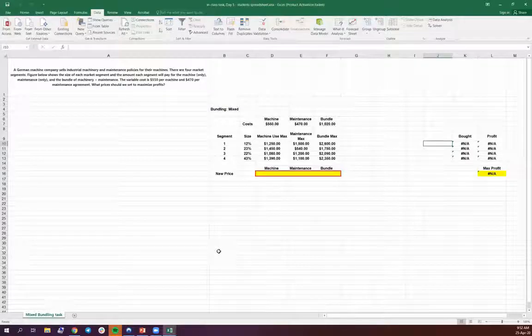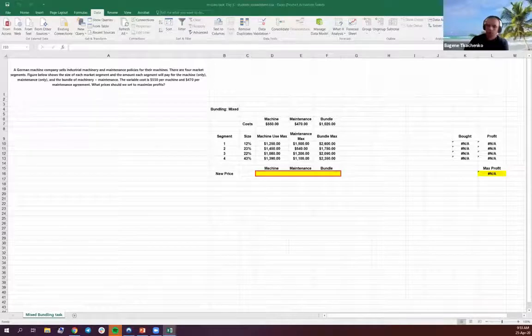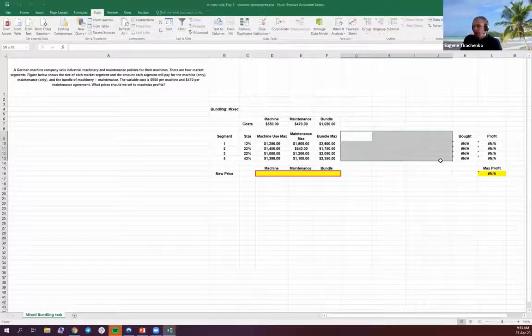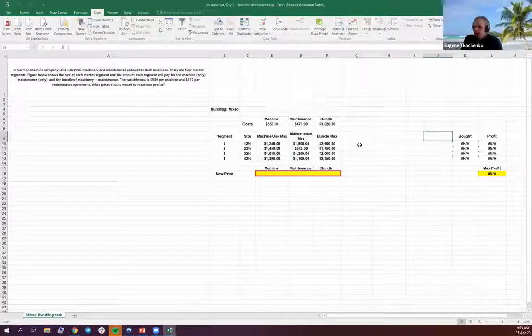So again, guys, just a heads up, feel free to refer back to the example with burger, Coke, and fries, because the setup, the sets of the columns you would need to use, would follow the very same methodology. There is a particular reason why I left four empty columns here in between both and bundle max. So think about it.